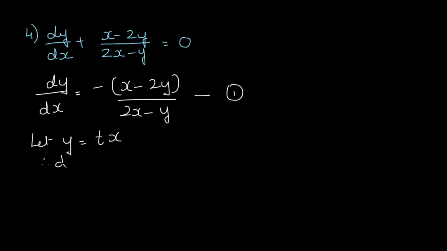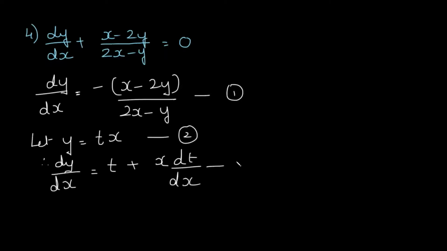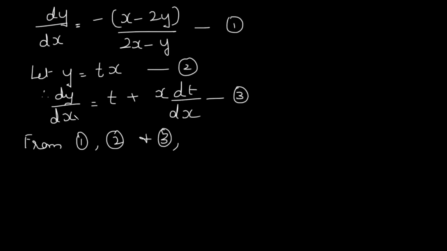So therefore we get dy by dx is equal to t plus x dt by dx. So these two are the second and the third equation respectively. Now from 1, 2 and 3, as I explained to you before, dy by dx is t plus x dt upon dx.